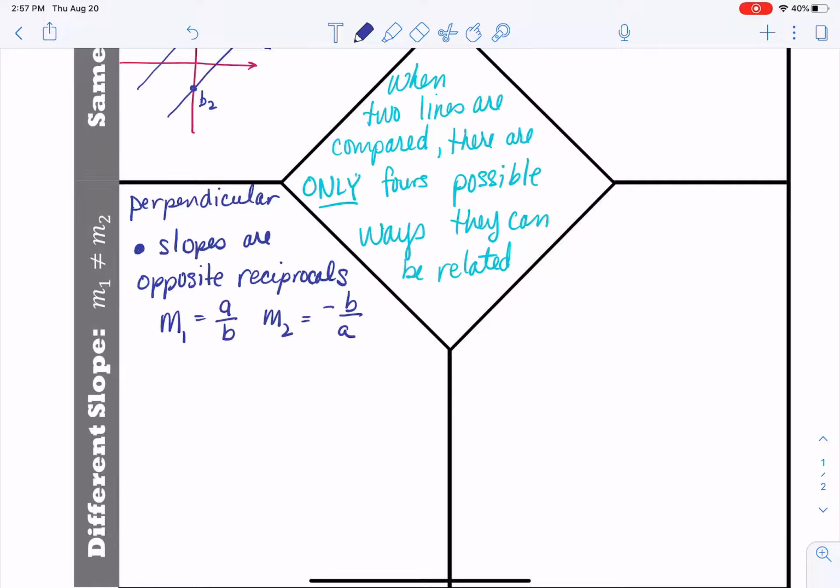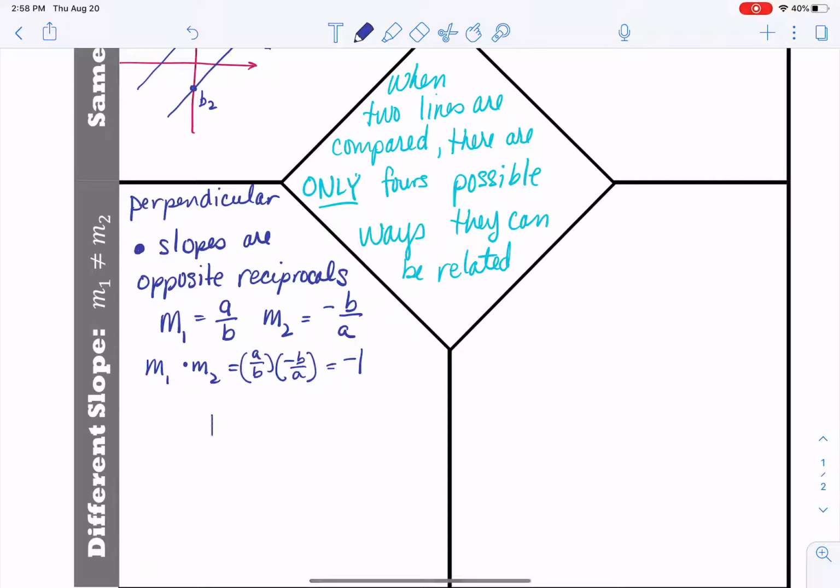So the numbers have changed positions and the signs are changed. So when I have m1 times m2, which is a over b times negative b over a, it equals negative 1.